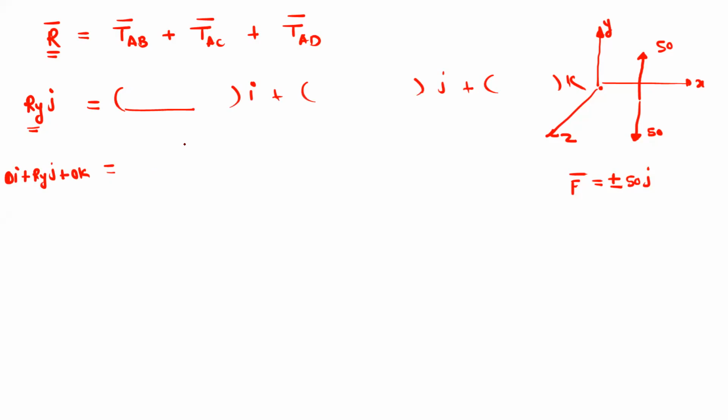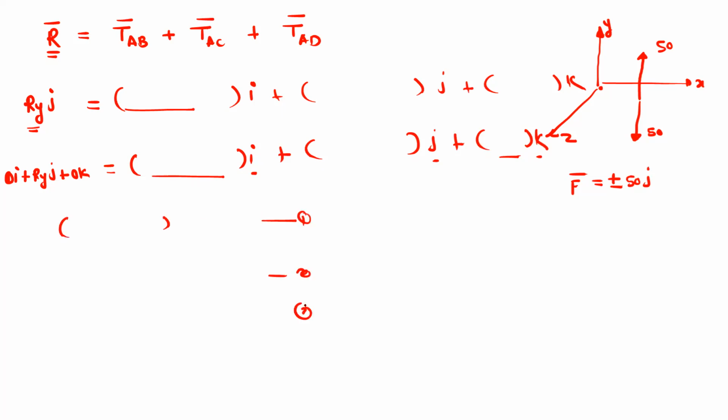On the right hand side, we will have some constant into I plus this coefficient into J plus a coefficient into K. Equate the coefficients of unit vector I, then of unit vector J, and then of unit vector K. You will get 3 equations, and from these, find the magnitude of the unknown tensions AB and AD, and find the y component of the resultant, Ry. This will be your final answer.